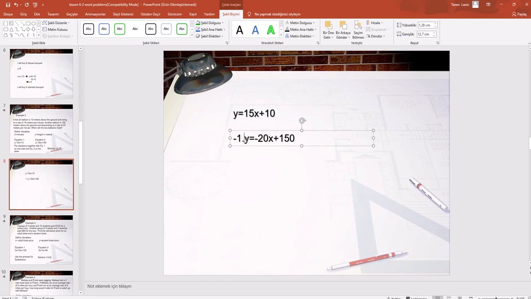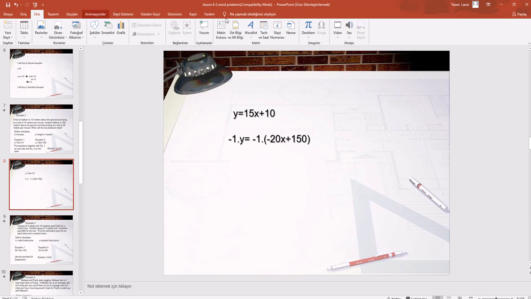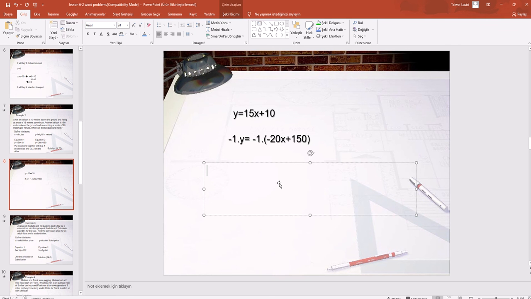I'm going to multiply this by -1, but I have to use the brackets and multiply this side by -1. Okay, -1 multiply. So here we have y minus y, right?